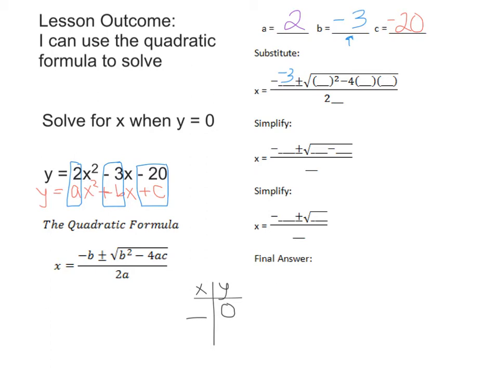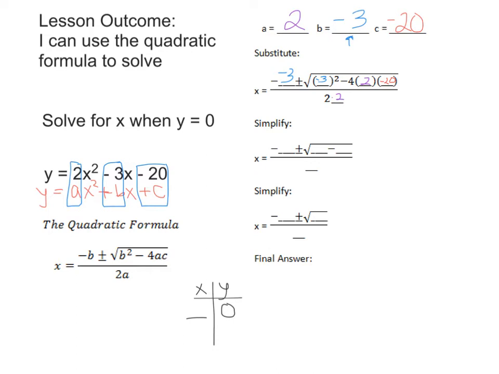Negative 3 also goes right here, because those are both b's in our formula. Now we're going to put the a value of 2 in here and here, so a 2 goes down here, so times 2, and a 2 goes here. And notice I use parentheses. And then we're going to use our c value just in one location, which is right here, so negative 20 goes in that set of parentheses there.